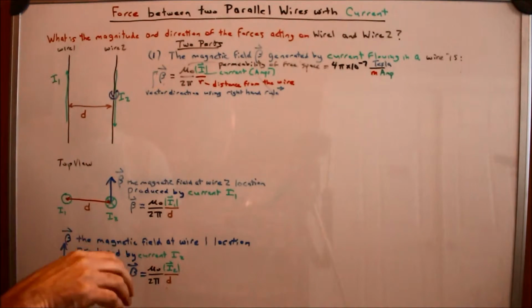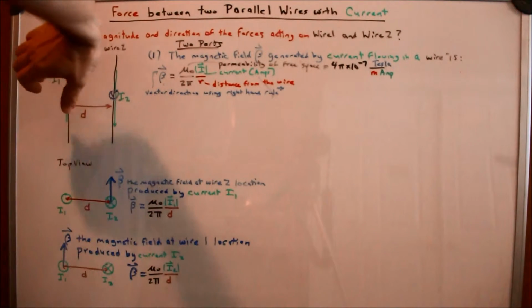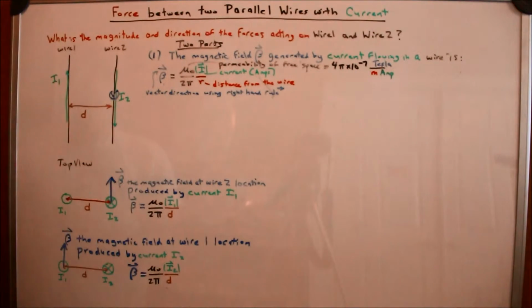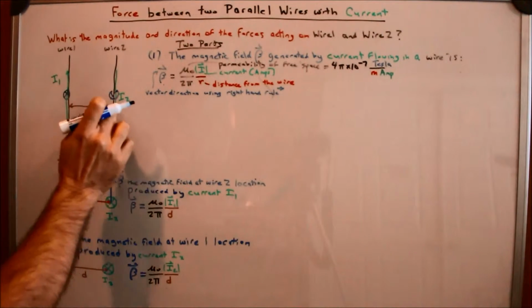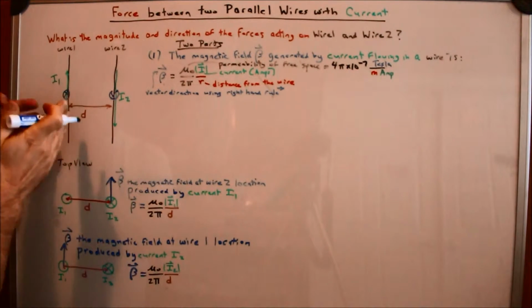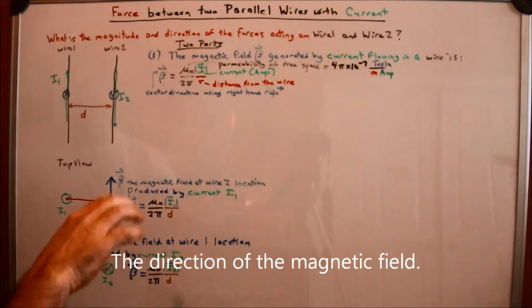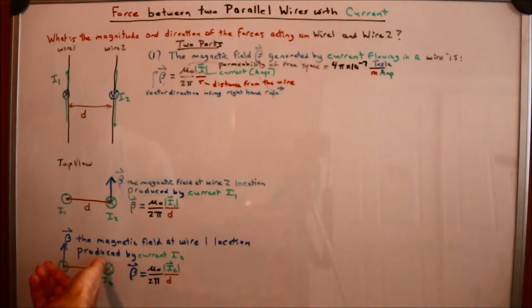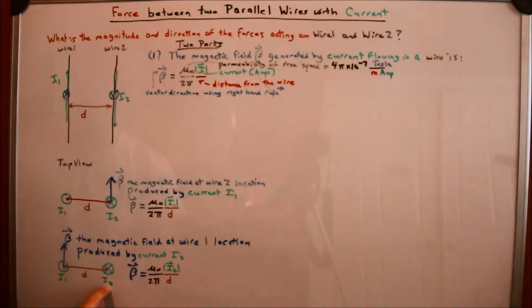So current's flowing down, so with the right-hand rule, put the thumb in the direction of the current, spin around, and that shows the direction of the magnetic field generated by that. It's not generated by itself, but generated by the other current. So here, top view, put your thumb in the direction, rotate around, right hand. So there's my B produced at the wire 1 location, caused by the current flowing in wire 2.